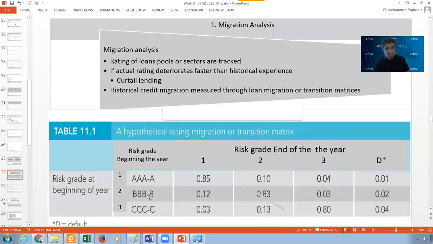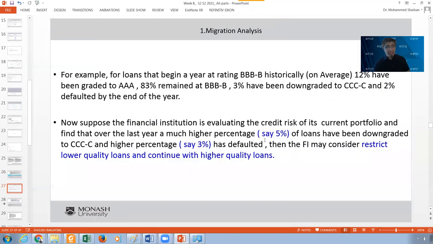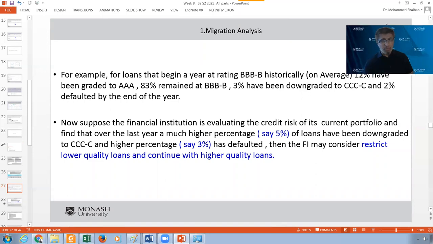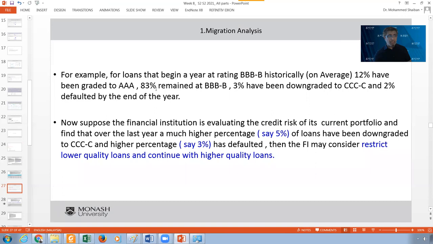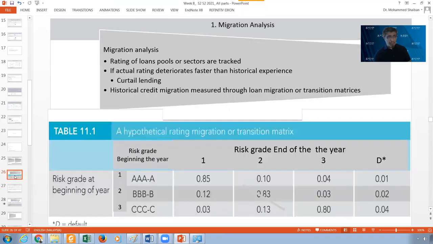If I am investing in B, for loans that begin, this is in the table I showed you, 12% of them move to A. If this is 100% at the beginning of the year, only 83% continue here, and 12% go to A, to AAA, and 3% go to triple C, and the rest, which is 2%, defaulted.